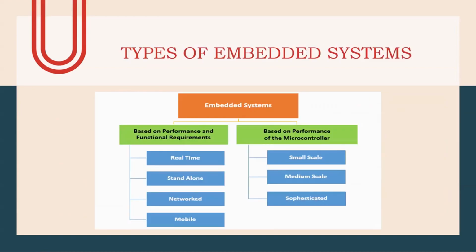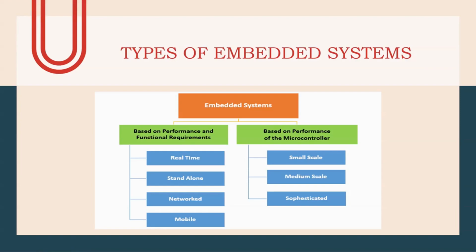And coming to this slide, embedded systems are divided into two types: one based on performance and functional requirements, and the second based on the performance of the microcontroller. The first is divided into four subtypes: real time, standalone, network, and mobile embedded systems.